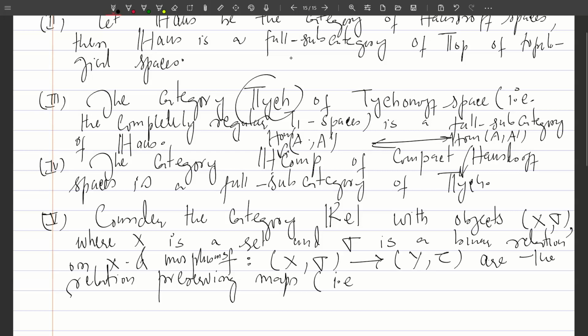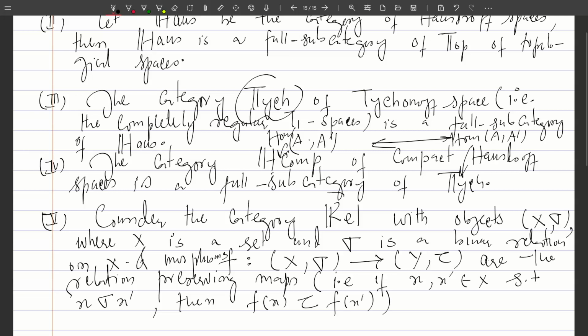That means if we have two elements, say x and x prime in X, such that x is related to x prime via the relation sigma, then their images under f, which are elements in Y, must be related via the relation tau. So this is what we call a relation preserving map.